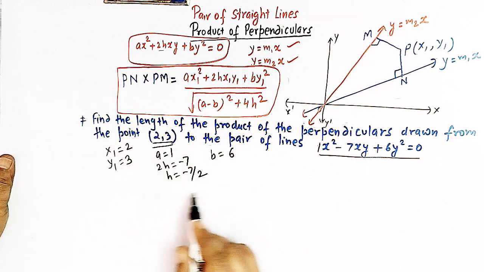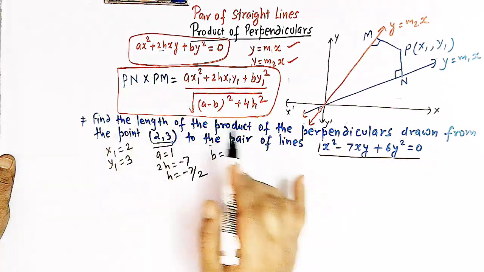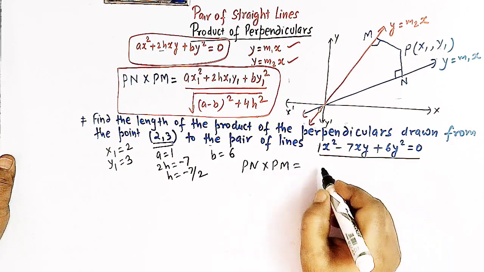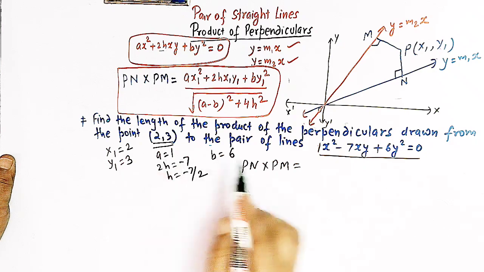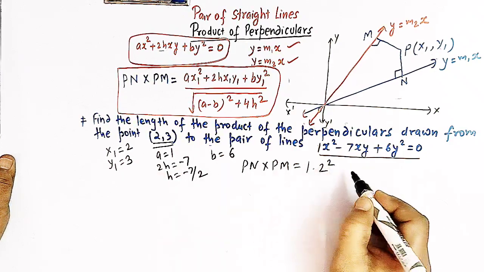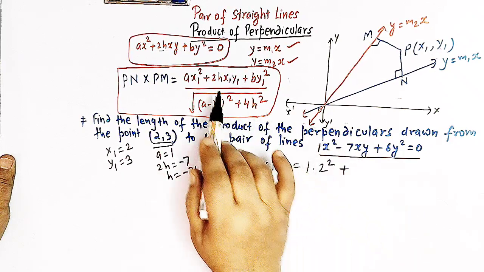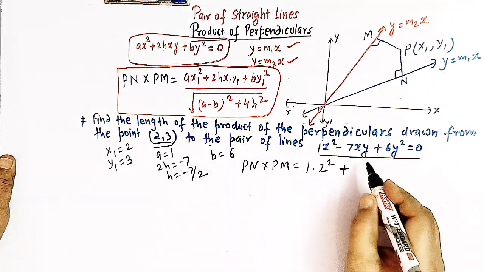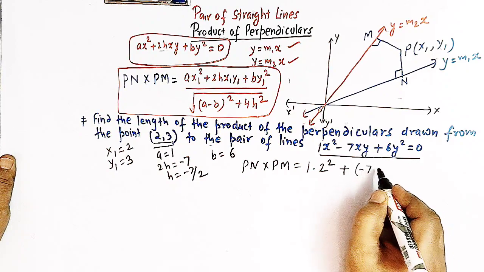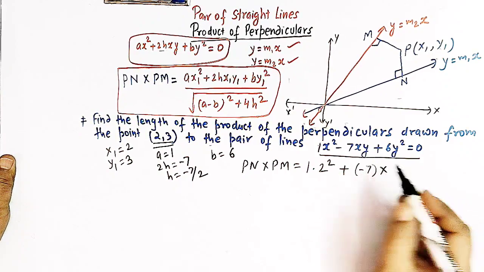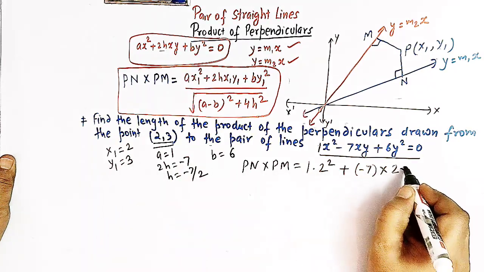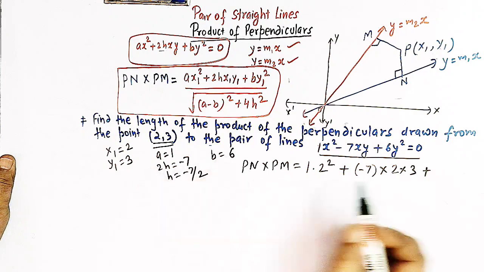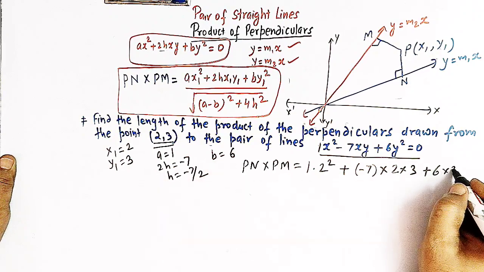Now substituting these values in this result, we have PN times PM is given by a x1 square, a is 1, so we have 2 square, then 2h x1 y1, 2h is minus 7, so we have minus 7 times x1 y1, x1 is 2, y1 is 3, then b y1 square, b is 6, and this is 3 square.